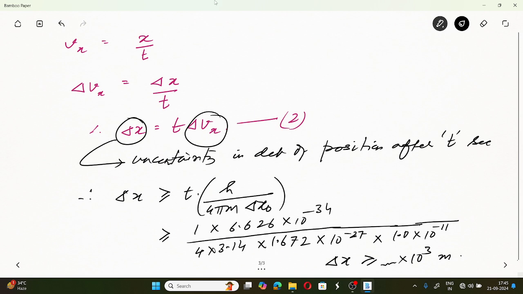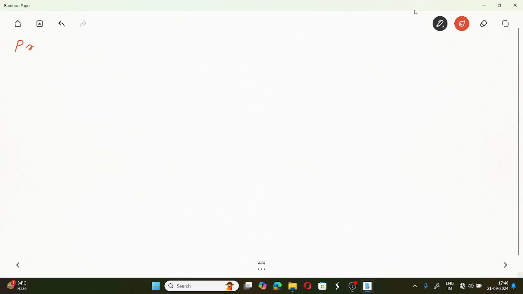Now let me give you the second problem. A hydrogen atom is 5.3 10 to the power minus 11 in radius.